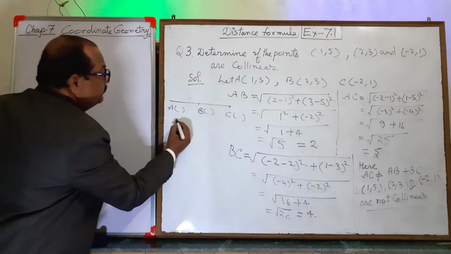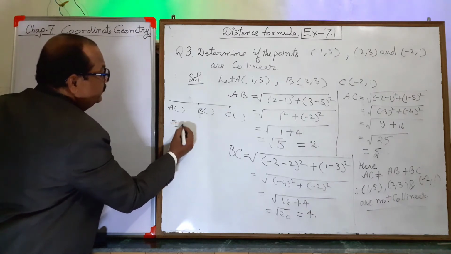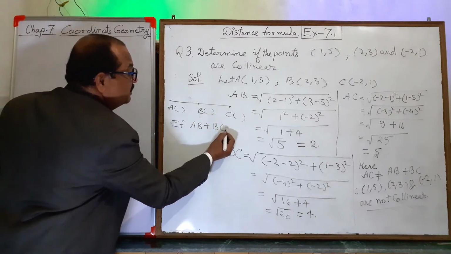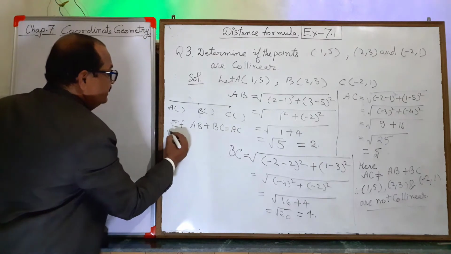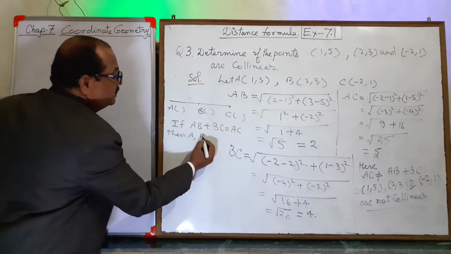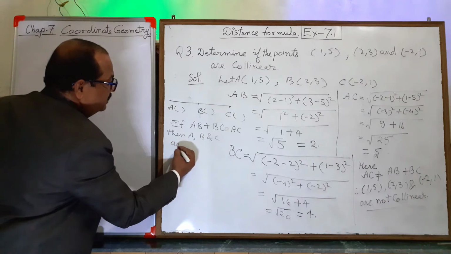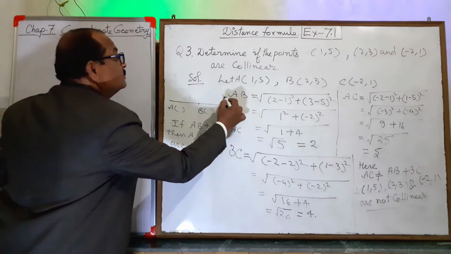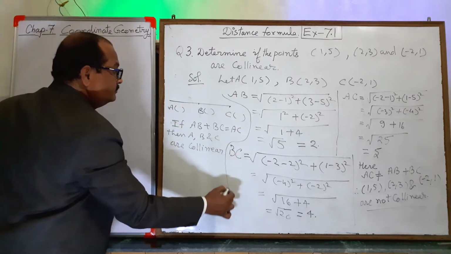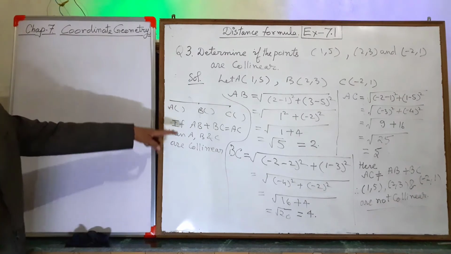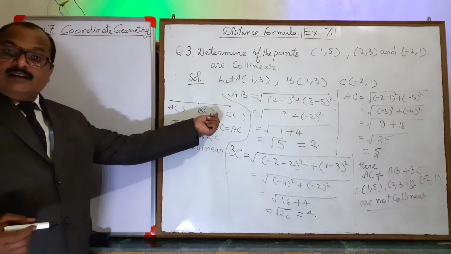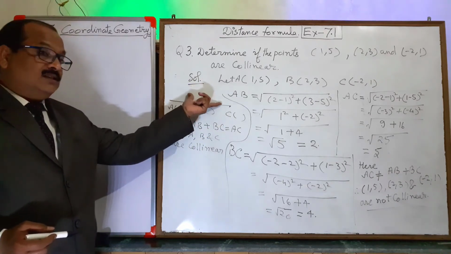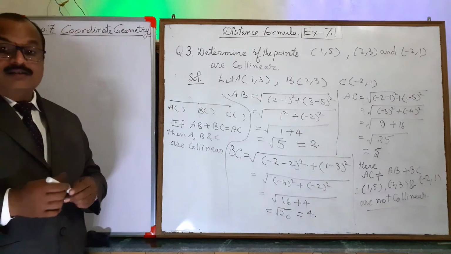So you check if AB plus BC is coming equal to AC, then A, B and C are collinear, otherwise no. So students, you can see the condition of collinearity is this one. If 3 points are given, and AB plus BC is coming equal to AC, then you can say the 3 points are collinear.